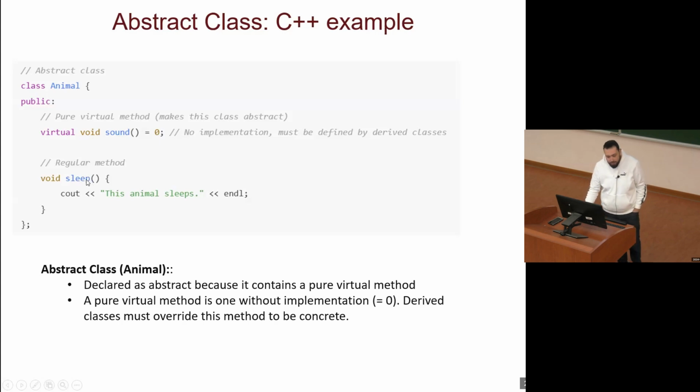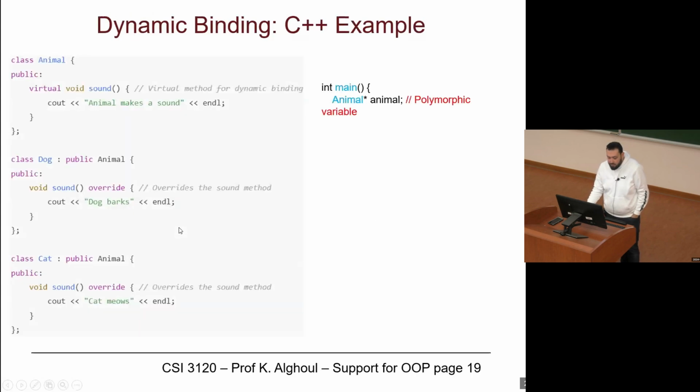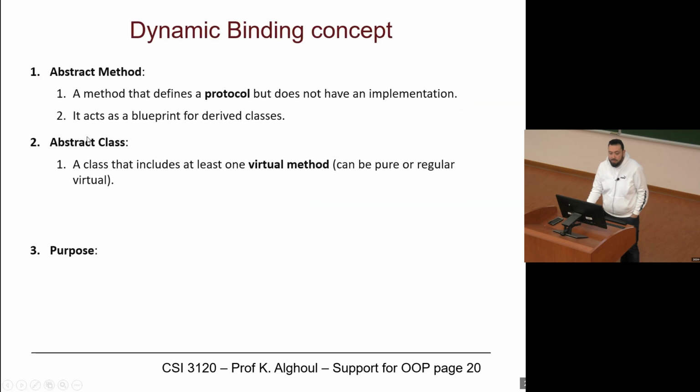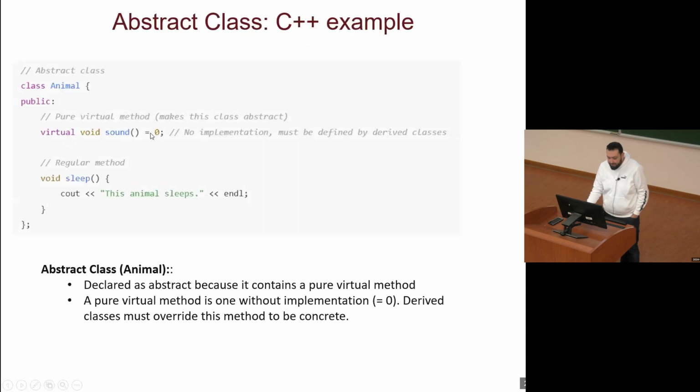So it is declared abstract because it contains a pure virtual method. A pure virtual method is one without implementation. As you saw in the past example, we had a virtual method, but it had an implementation. That's not pure virtual. Pure virtual means it will have no implementation in it.